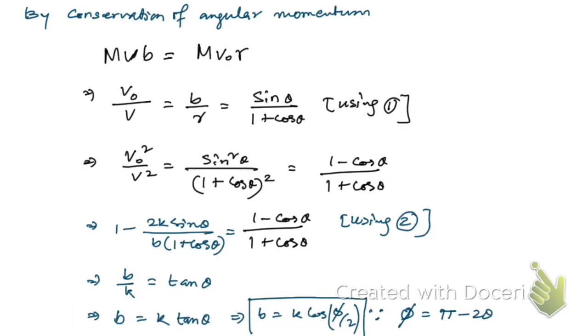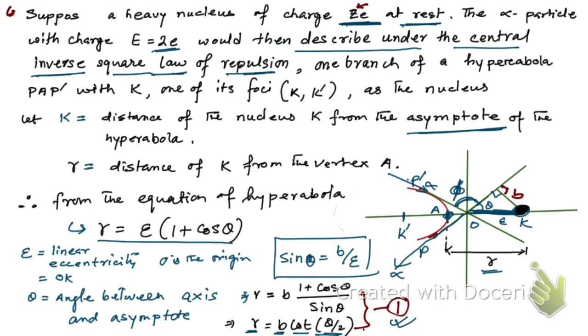By conservation of angular momentum, let me go back to the diagram. When the alpha particle is at A, the angular momentum of this particle about this nucleus, here we have the nucleus Z, will be given by, if its linear momentum is m into v, then at this point when it reaches A, its velocity becomes v naught.